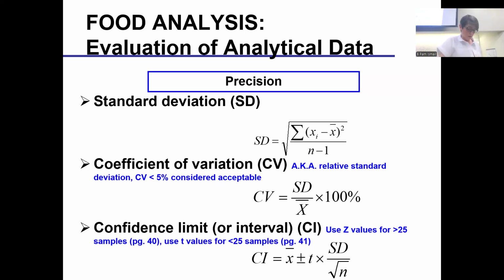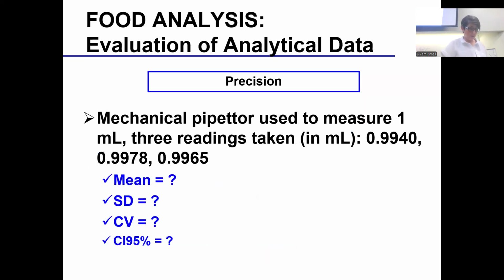So for this, in your book, page 41 is what we need for the next exercise. If I have 3 replications, then your n is 3.